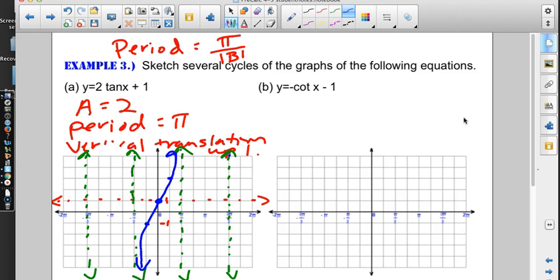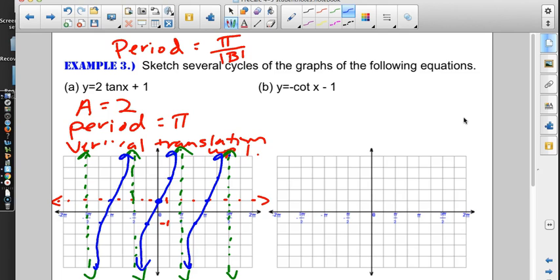We're using that same 0 that's been moved 1 unit up, and we're going to go over 1 and up 2, back 1 and down 2, for both of those positions. Not bad, huh? Tangent and cotangent, a little easier to work with than sine and cosine.